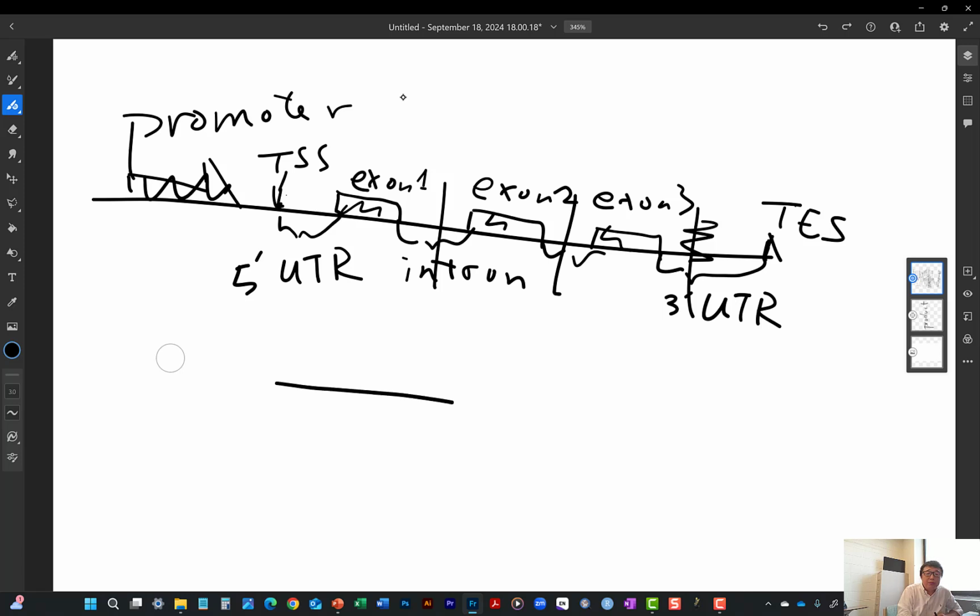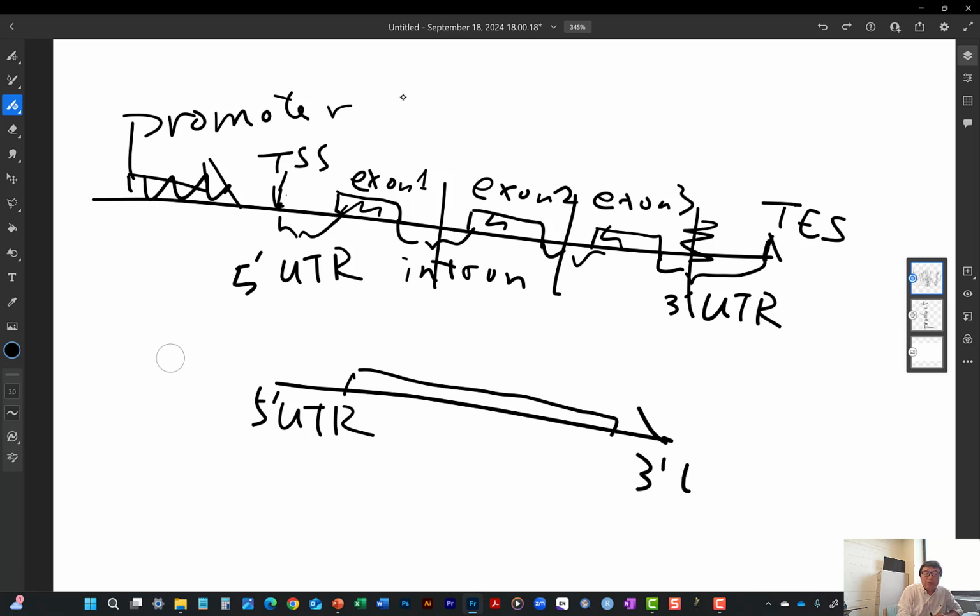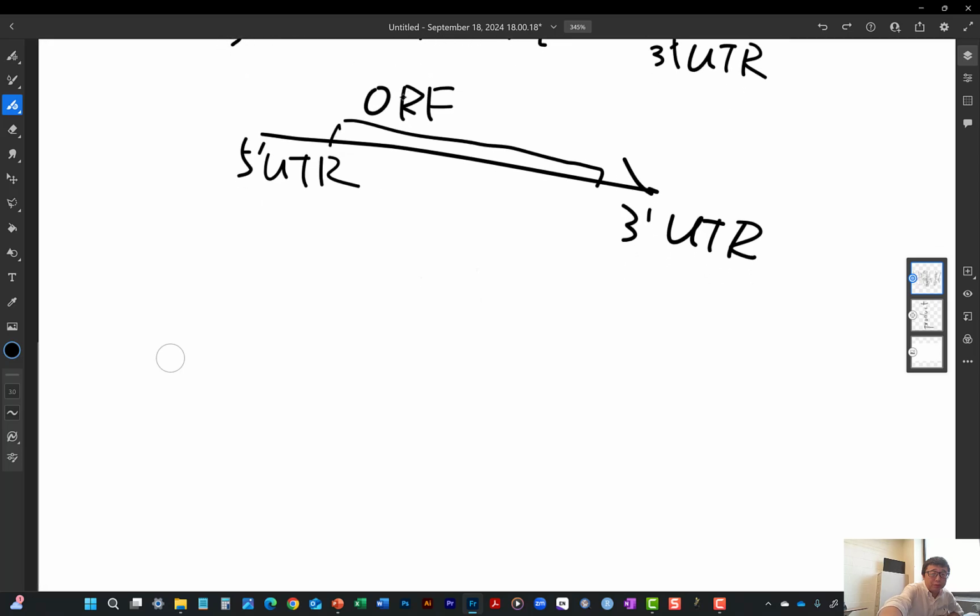It only has a continuous protein coding sequence, the 5' UTR and the 3' UTR. The protein coding sequence in the center has a new name: the open reading frame, ORF. In this open reading frame, there are multiple genetic codons.